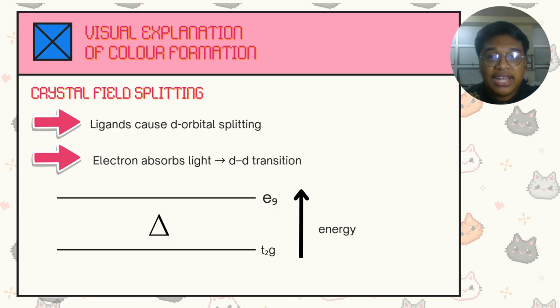When white light shines on the complex, specific wavelengths of light are absorbed. This absorbed energy promotes an electron from the lower t2g orbital to the higher eg orbital. The remaining wavelengths are reflected back to our eyes. Therefore, the color we observe is the complementary color of the light absorbed.